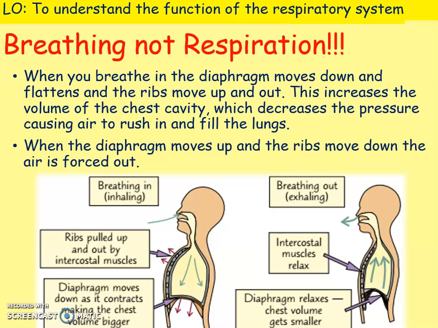And you can see this in the diagram below. So here, the diaphragm's moving down, the ribs are moving out, and air rushes into the lungs. The opposite happens over here. The diaphragm relaxes, the intercostal muscles relax, and air is forced up and out of the lungs.